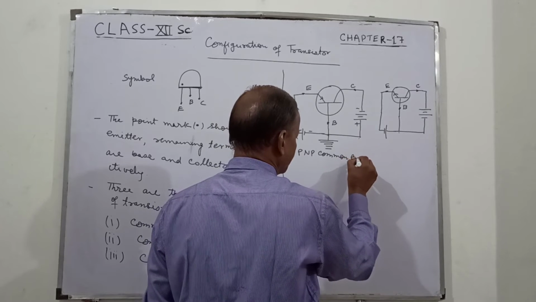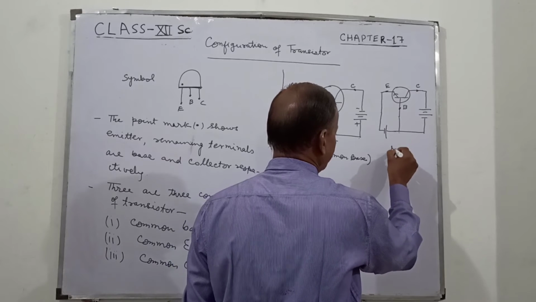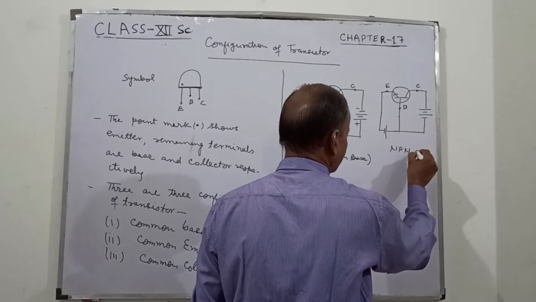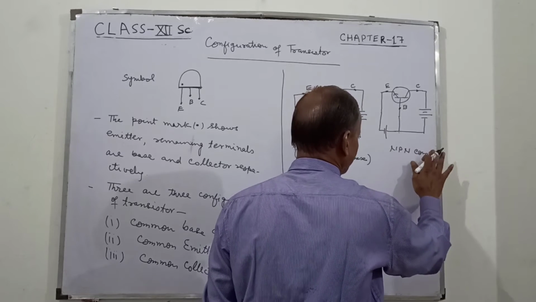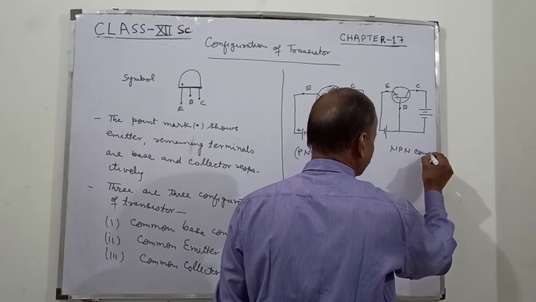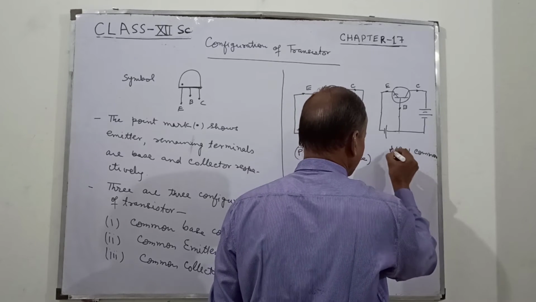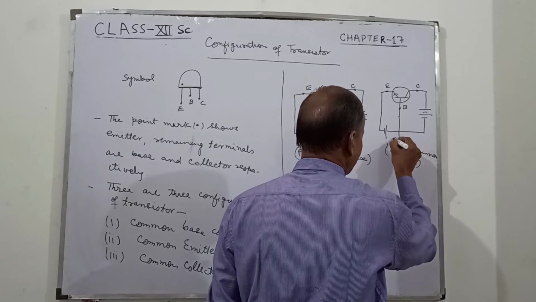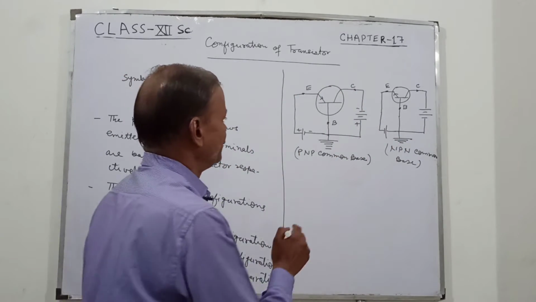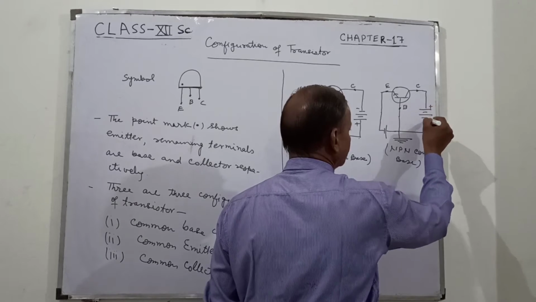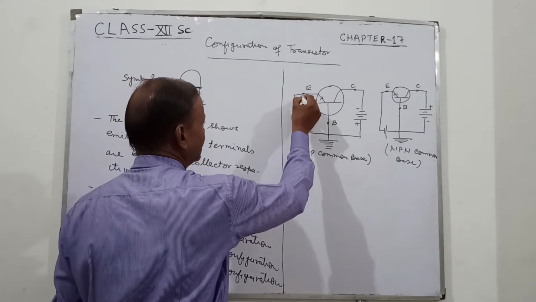Common base. This is NPN, common base. And this part is earthed like this. So this is positive and this is now negative. Now in this part the current is like this.